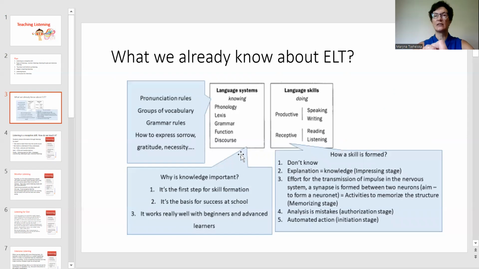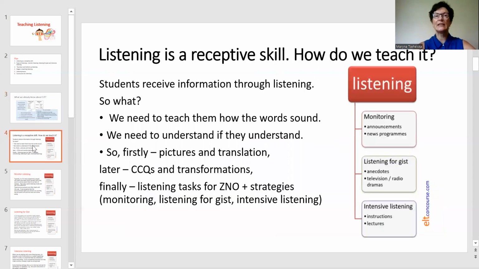Listening is a receptive skill together with reading, and there are also 2 productive skills, speaking and writing. We also have to remember that a skill is formed through knowledge. At first we are at the knowledge stage, and then with some practice, it turns into the skill level. So listening is a receptive skill.